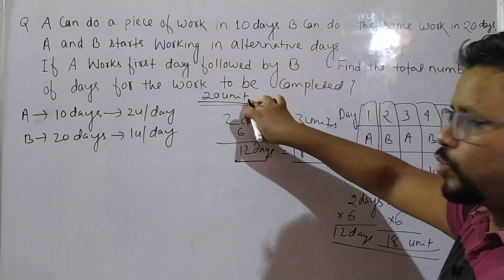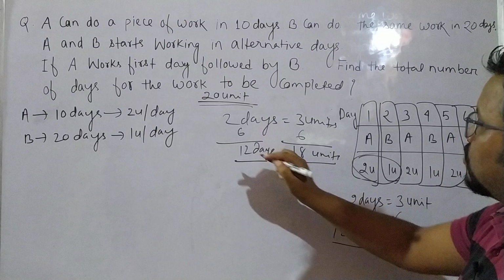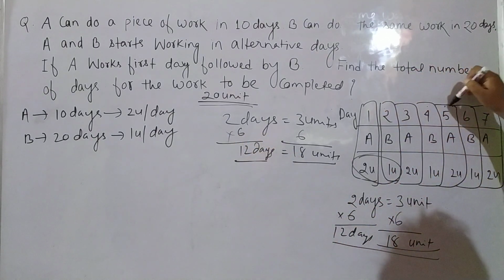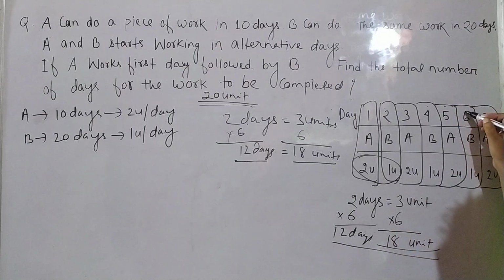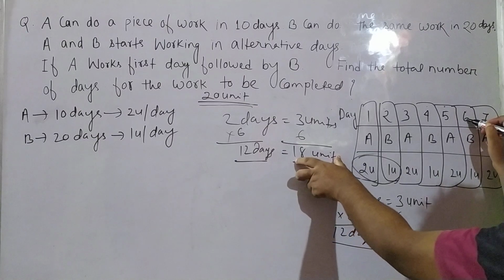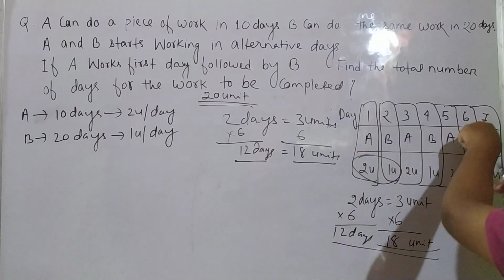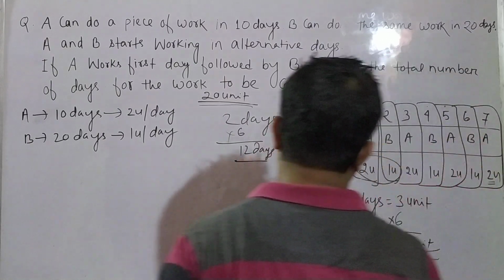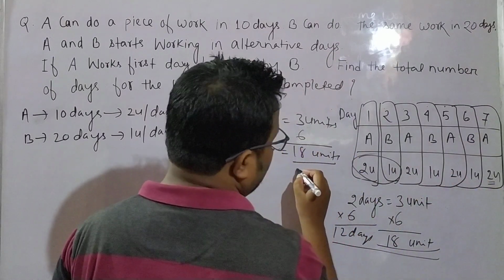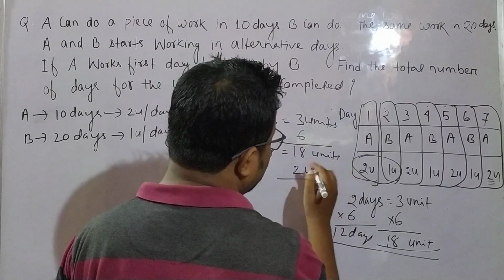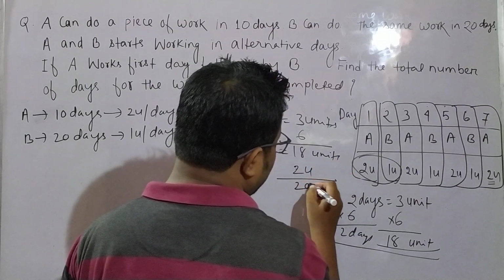Now we need 20 units, so 2 units are left. So up to 6 pairs of days, 1, 2, 3, 4, 5, 6, I am getting 18 units. Then on the 7th day, A will work. How much? 2 units. So it becomes 18 plus 2, which is 20 units.